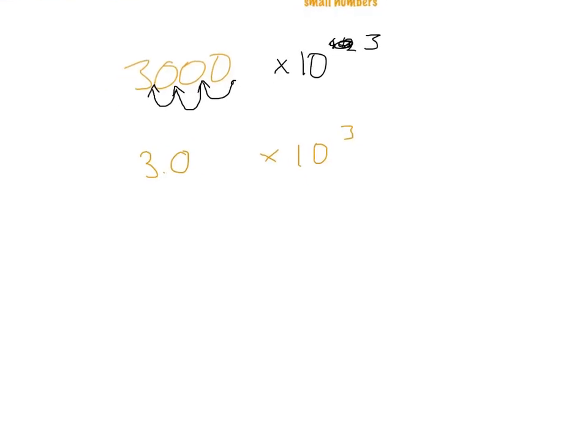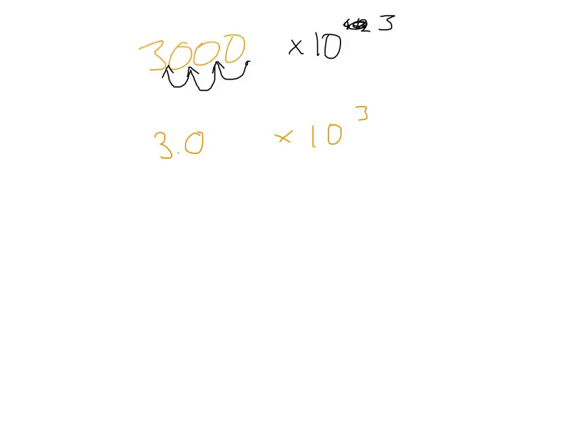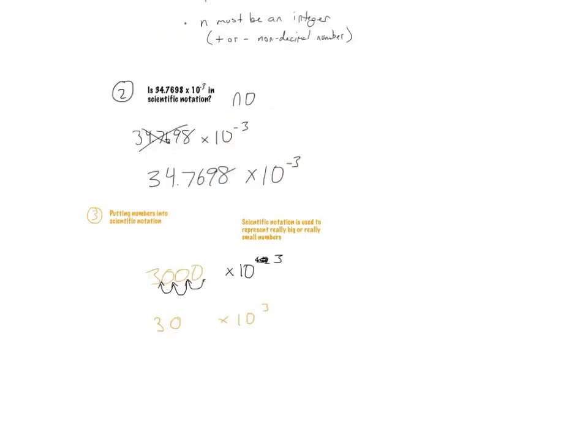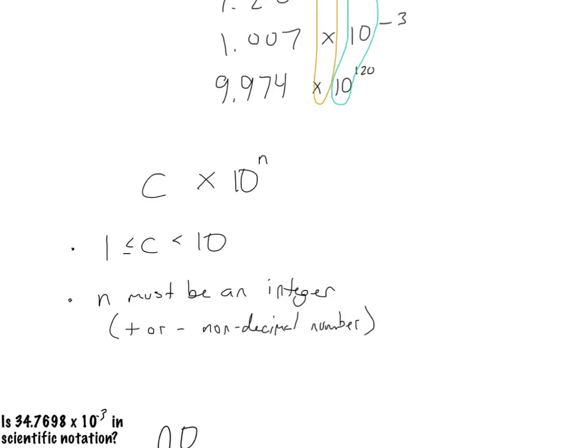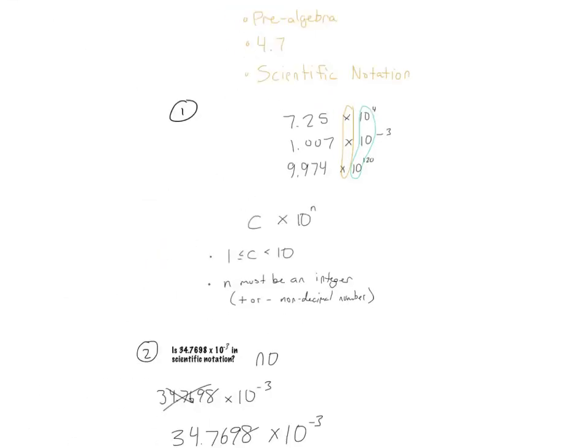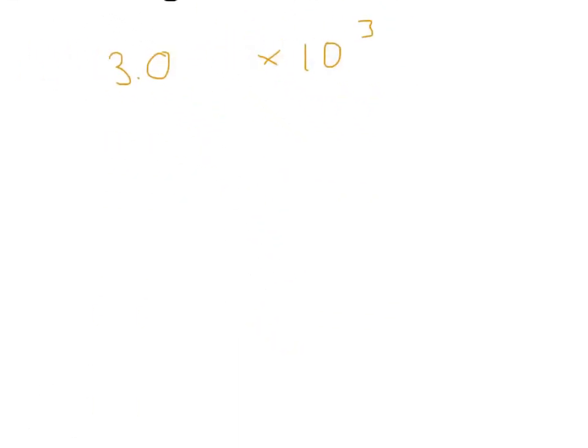Now, if you start with a number that's smaller than 1, okay, so we're using our rule up here, this one right here, okay? When we start with a number that's smaller than 1, such as 0.54, and we want to represent that using scientific notation, we are going to use a negative exponent, okay? So if I was to put this in scientific notation, I would need to get it to look like some number times 10 to some exponent, right?